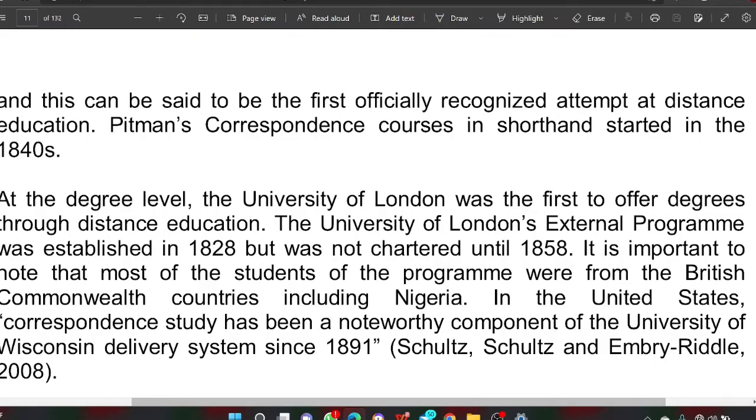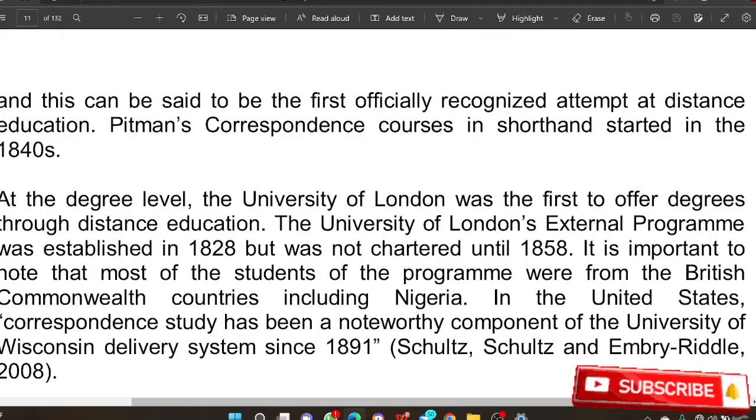The University of London's external program was established in 1828, but was not chartered until 1858. That's almost 30 years. It is important to note that most of the students of the program were from the British Commonwealth countries, including Nigeria.